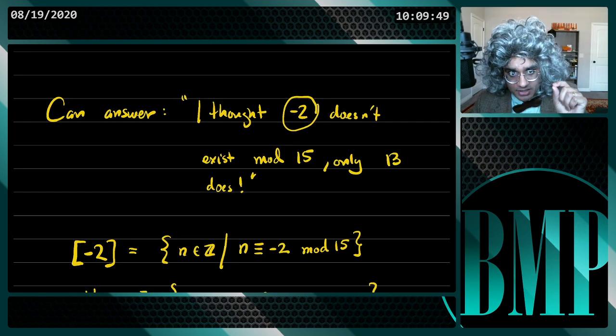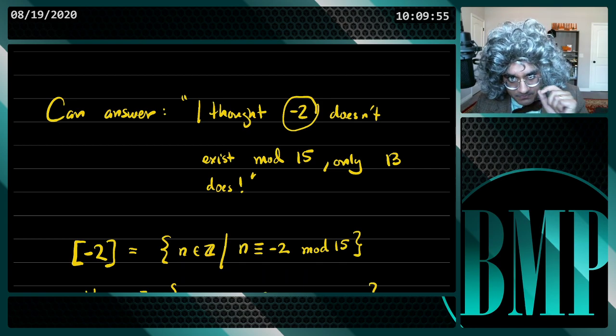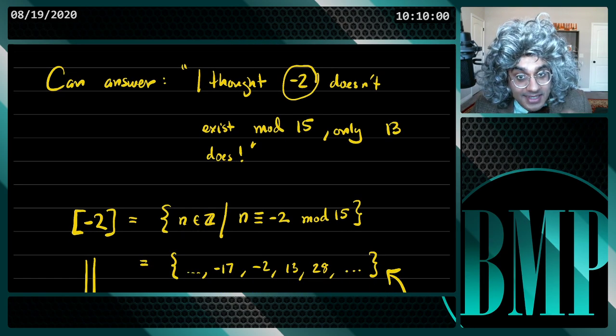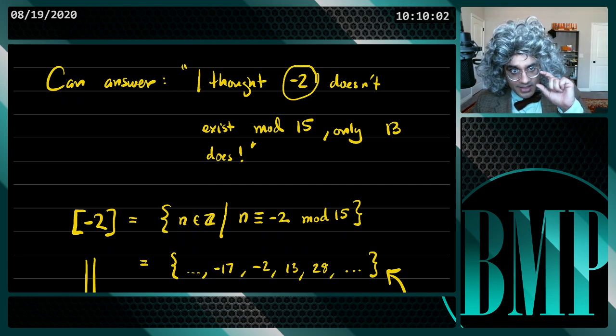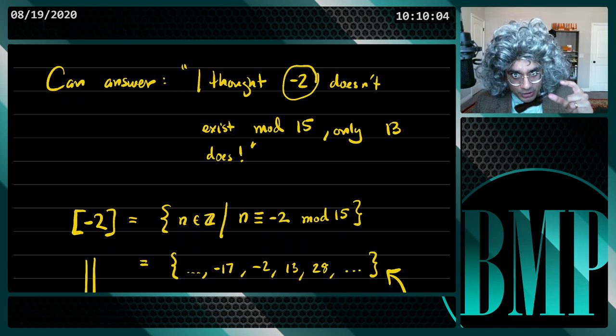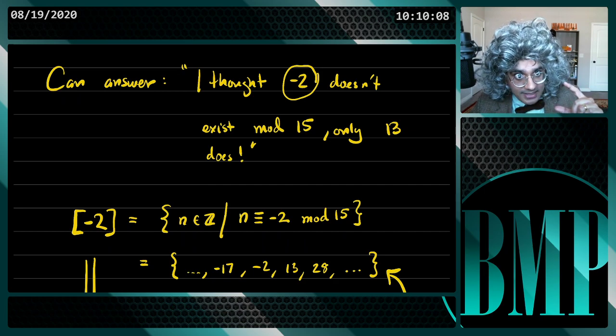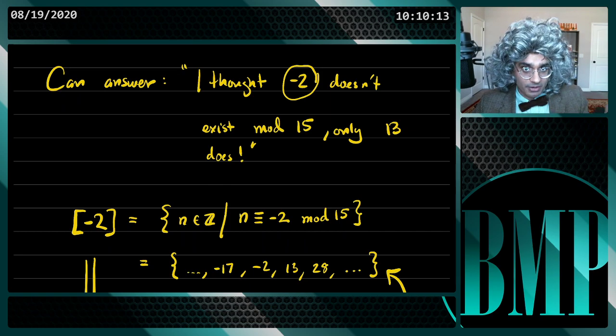Okay, so the student is confused because they're thinking of -2 as an integer. And when we do modular arithmetic, every integer gets replaced. The integer gets replaced with its equivalence class. So they're confusing -2, the number, with -2, the equivalence class. The equivalence class of -2 is not the same as the number -2.